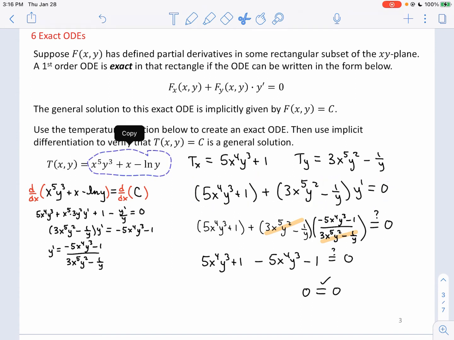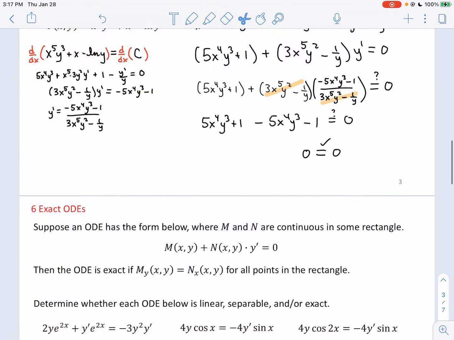And then it turns out that this exact same function, when you set it equal to c, and think of it as representing a curve on the xy plane, forms the general solution to the very differential equation you just created, which we just confirmed by setting the function equal to c, doing implicit differentiation, not partial, getting y prime, plugging y prime in right here, and then showing that this whole side zeroes out. Okay, let's keep moving on.